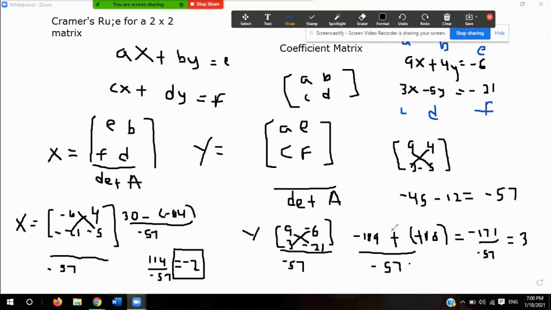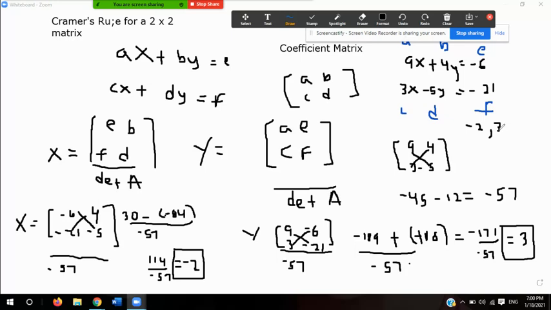And that means that the solution, or the ordered pair, for this system of equations is negative 2 and 3. And that would be the answer. So technically, if I wanted to check this answer, I could just plug the negative 2 wherever there's an x and the positive 3 wherever there's a y, and I would get each answer respectively.